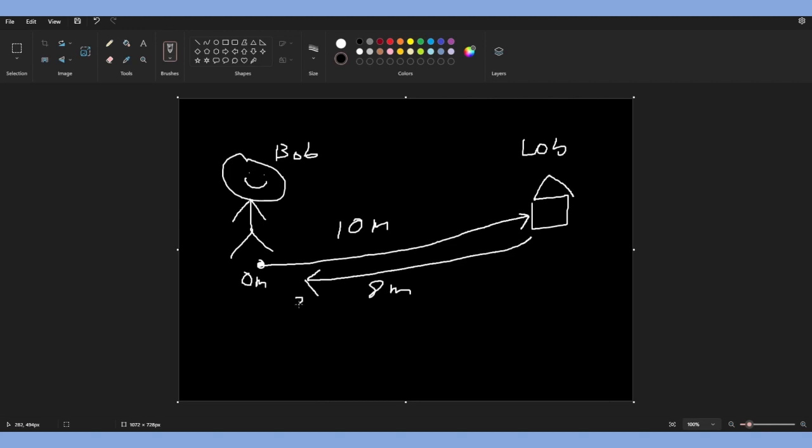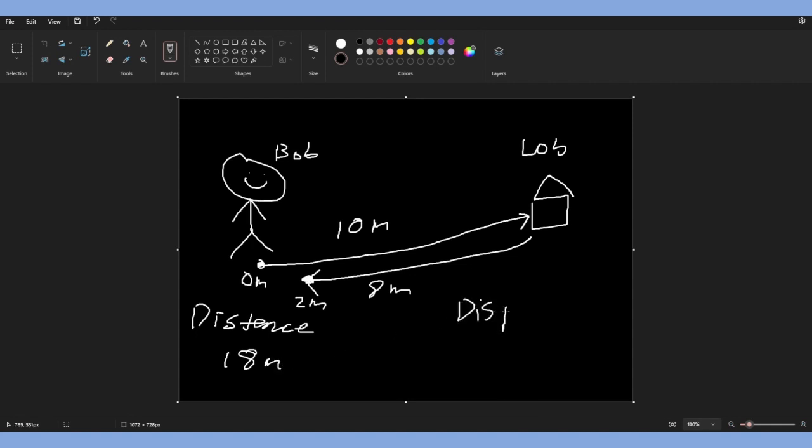And now he's at 2 meters here. Now distance, he traveled a total of 18 meters.